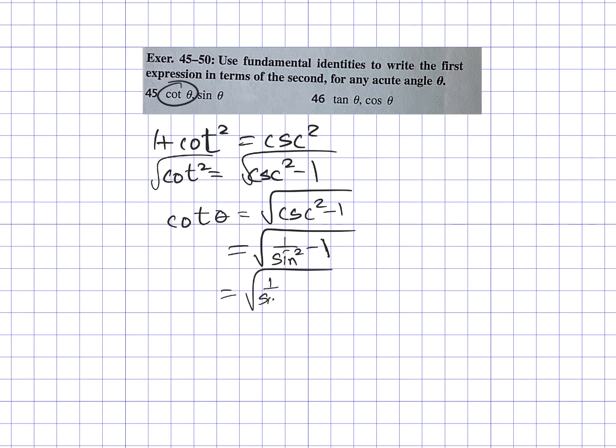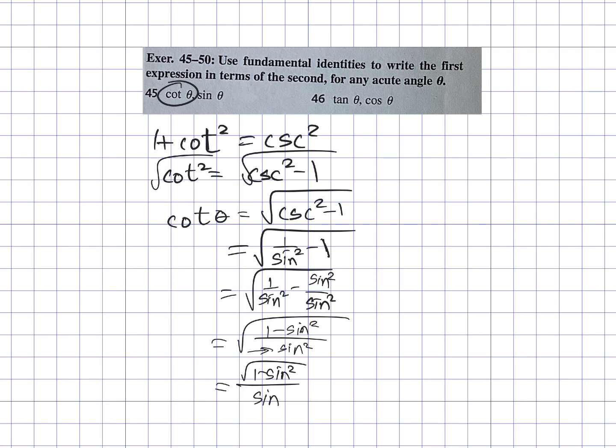Don't forget the radical. 1 is the same thing as sine squared over sine squared. So we have 1 minus the sine squared all over sine squared. Well, I can take the square root of the bottom if I can. So that's going to be the square root of 1 minus the sine squared, and the square root of sine squared on the bottom is sine.